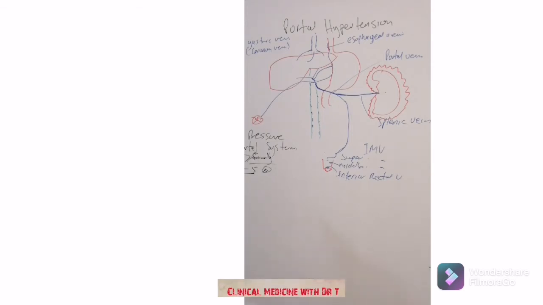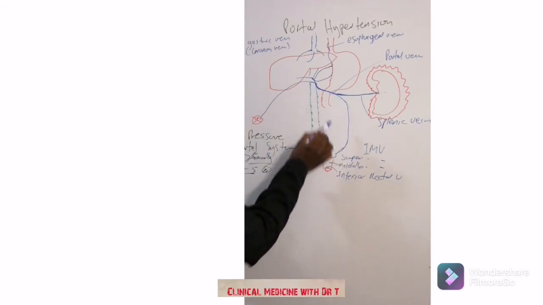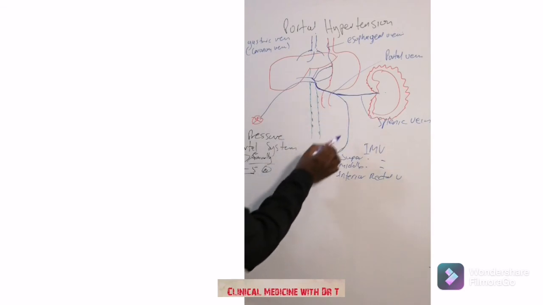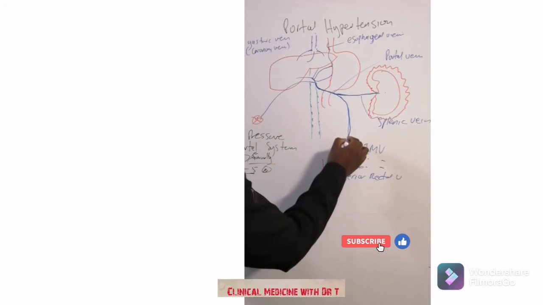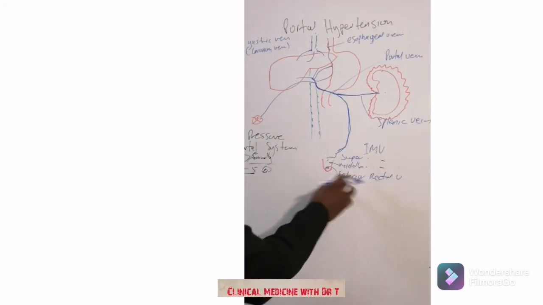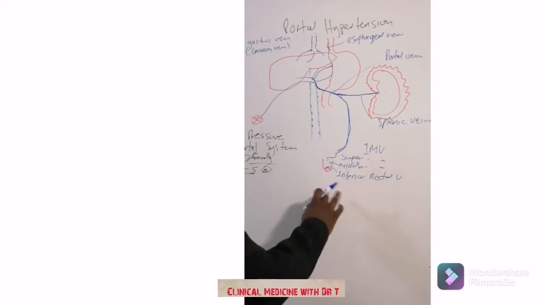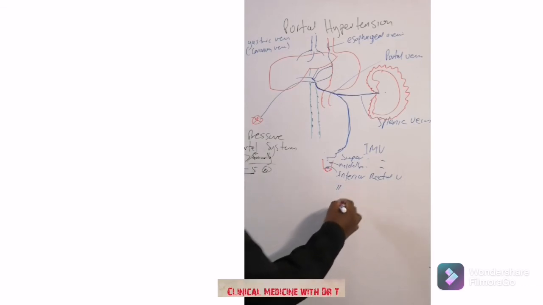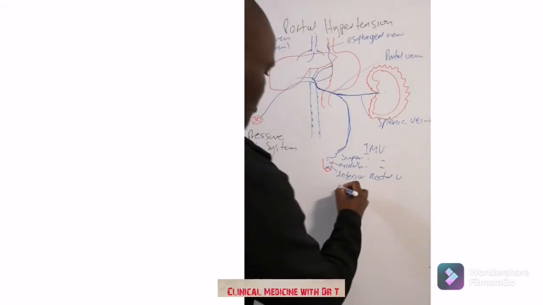Because the pressure is in the entire portal system, the blood will start to flow back into the inferior mesenteric. And when that happens, you get dilatation of these veins. And then now a patient starts to have hemorrhoids.